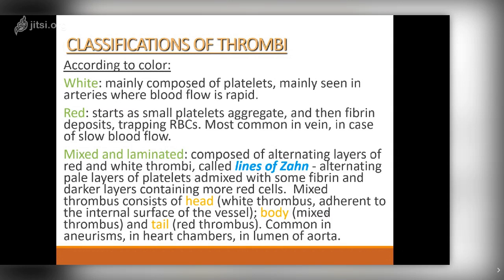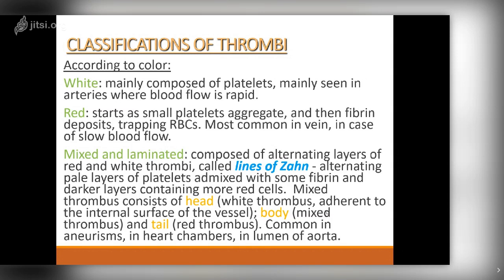And these mixed thrombi are usually huge. And in mixed thrombi, we can recognize the so-called head, the part of the thrombus that is attached to the internal surface of the vessel, body, and tail. Tail freely moves in the lumen of the vessel, and if the head has a composition of white thrombus, the tail usually has composition of red thrombus.